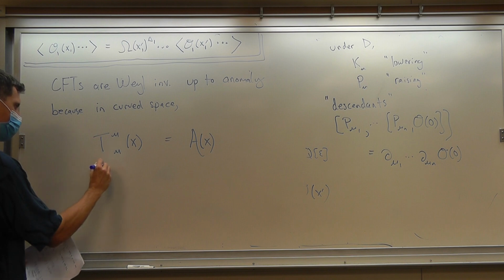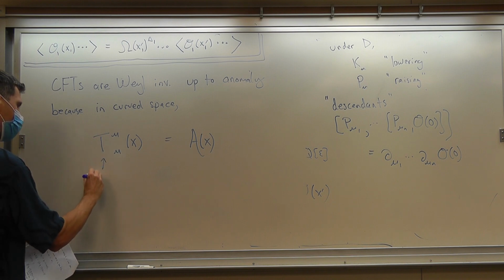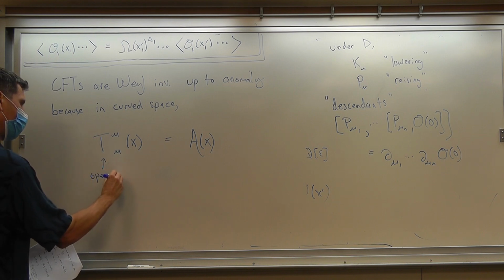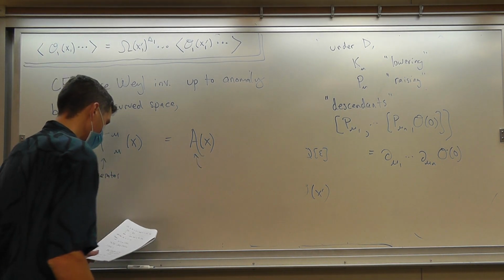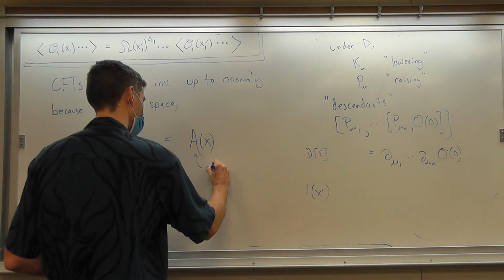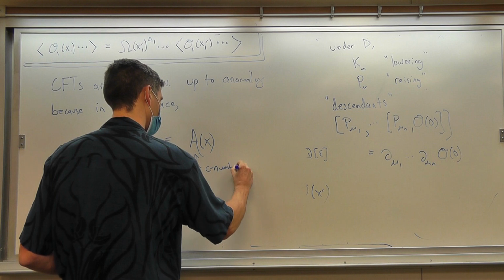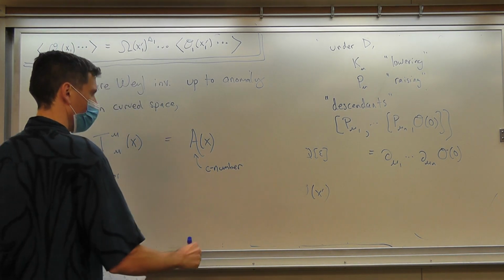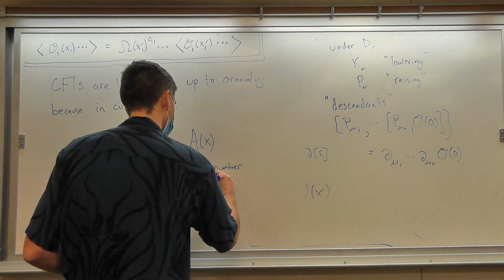Okay, so on the left-hand side, this is an operator. On the right-hand side, this is a C number, and it's the anomaly.